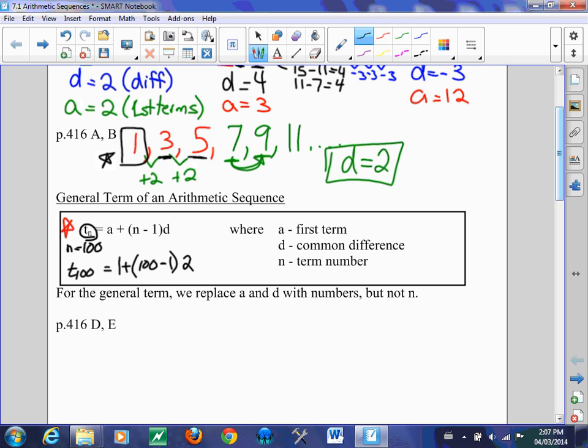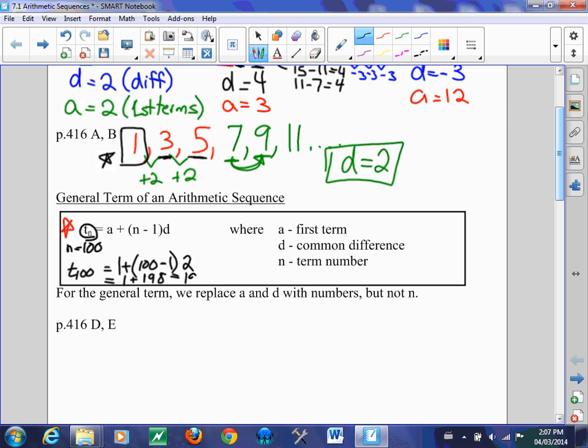So we can simplify this. If I have some more room here, I would say 1 plus, what is, ladies and gentlemen, 100 minus 1 is 99. 99 times 2 is 198. So if we asked, hey, if we took 100 terms, what value is going to be in the 100th term?